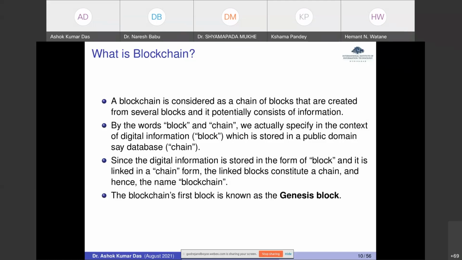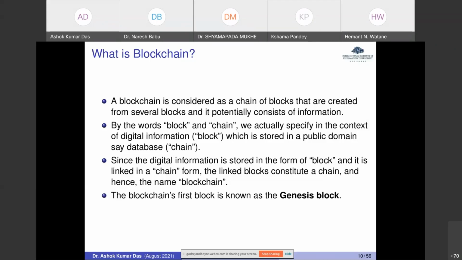Now you can visualize that there is a similarity between blockchain and a simple linked list. As you know, in a simple linked list, you always have the privilege to delete any node from the list, insert a node at any place, even modify the data in nodes or blocks.